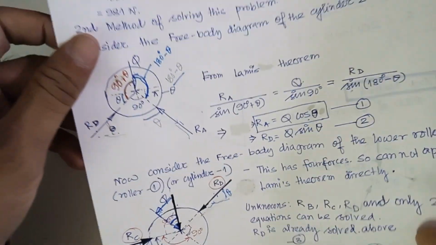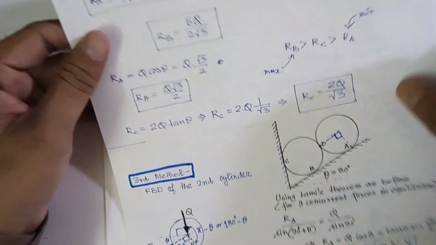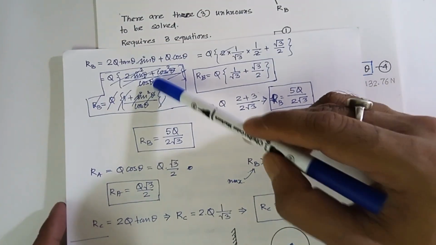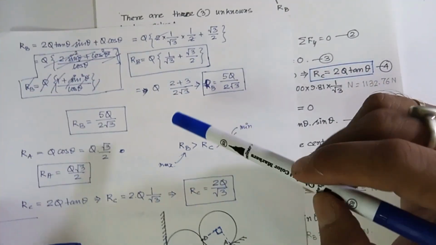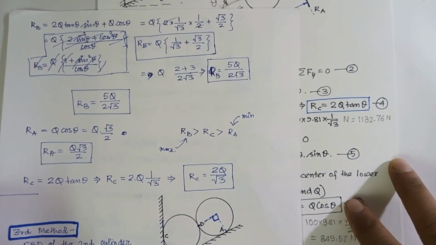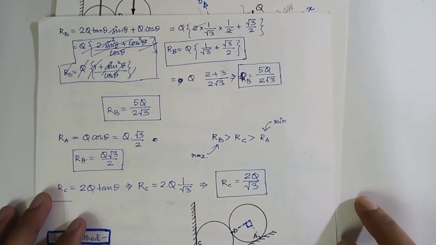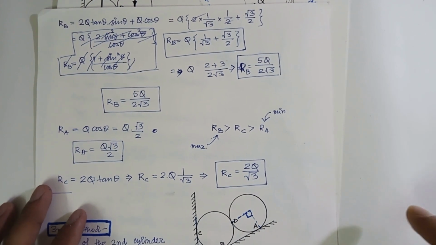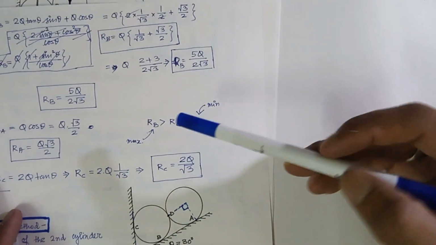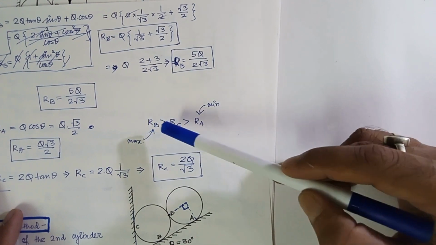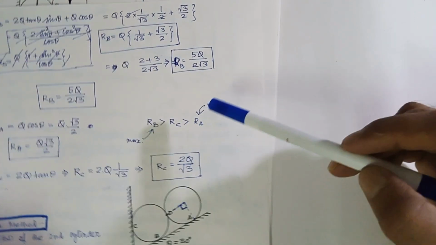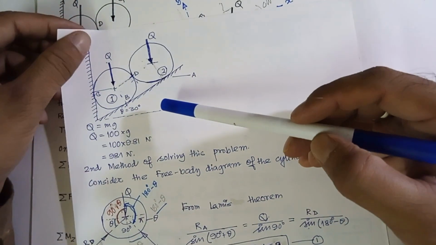Next, we will solve in method 3. Okay, we have calculated the values. You can calculate as it is seen on the screen, and just go for the solution. The values are like this. Another thing that you can observe is that RB is greater than RC is greater than RA. That means where is the maximum reaction?